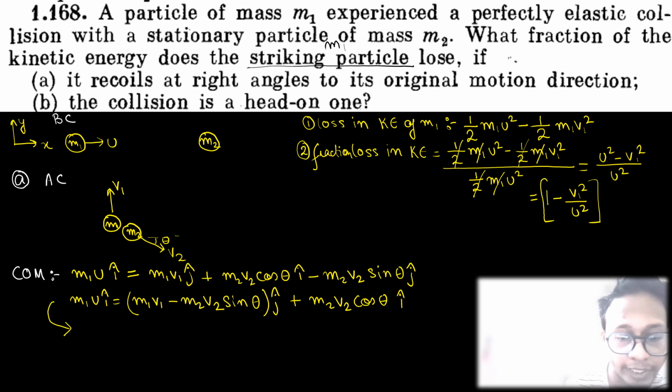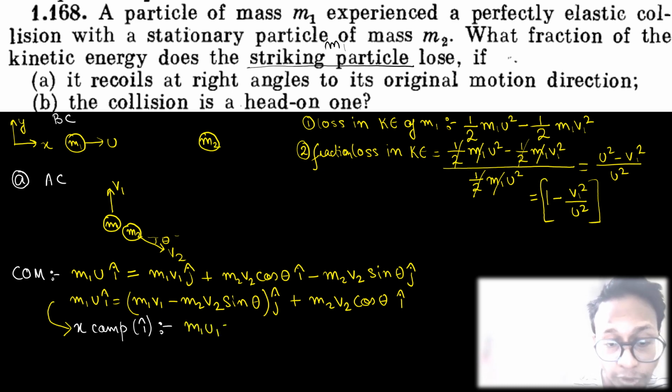So the x component of momentum before collision is m1 u, which should be equal to the x component of momentum after collision, which is m2 v2 cos theta.